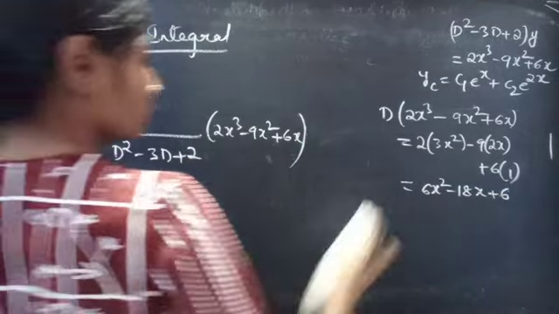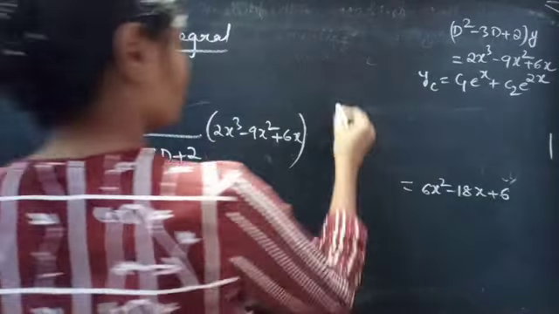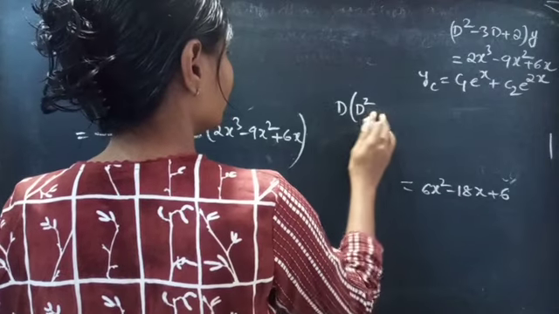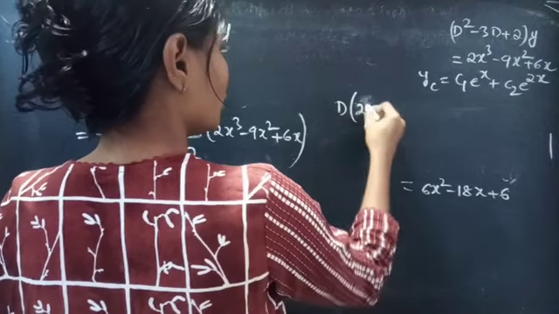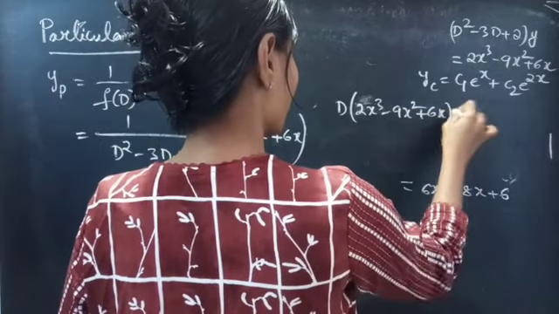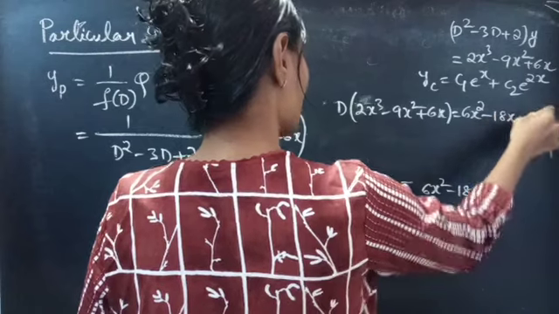The derivative of Q, 2x cube minus 9x square plus 6x, is 6x square minus 18x plus 6.